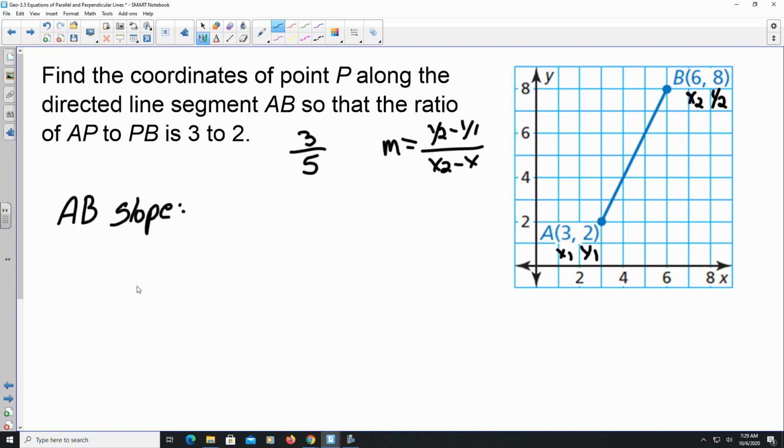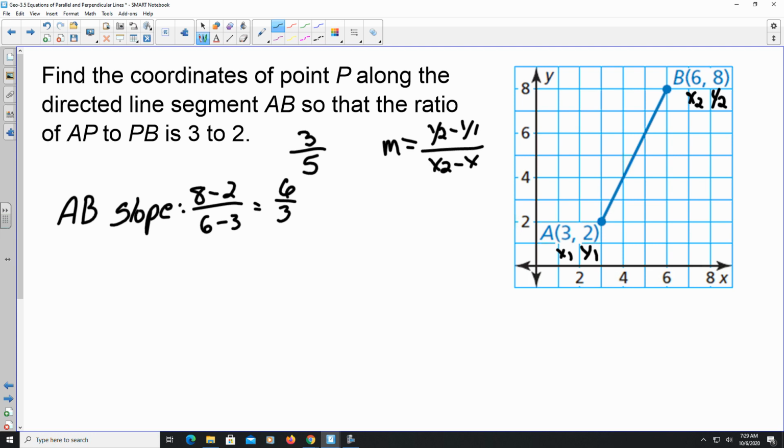So it's going to be 8 minus 2 over 6 minus 3. 8 minus 2 is 6, and 6 minus 3 is 3. Now, I understand 6 minus 3 is 3, but do not simplify it in this case, because we need these values in order to help us find the x and y coordinates of point P.